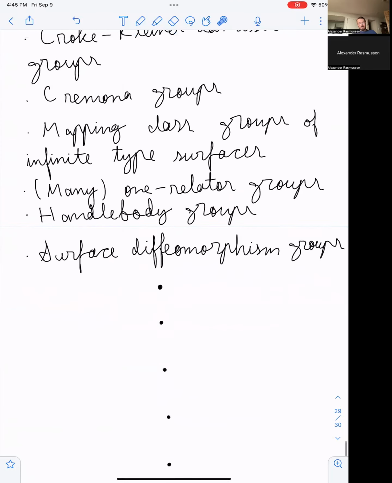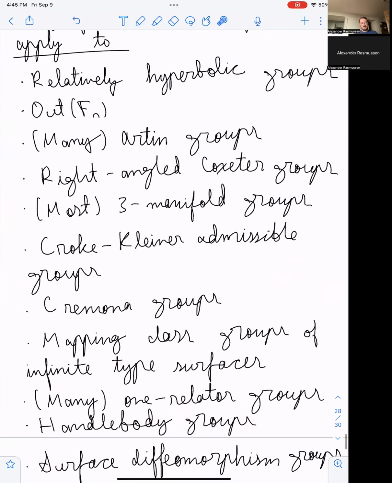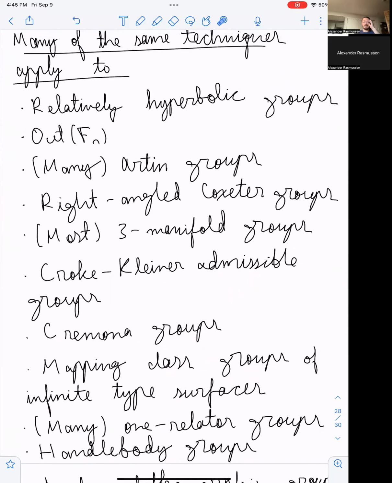These groups don't really form one single coherent class, but the really cool thing is they all have very interesting actions on hyperbolic metric spaces.